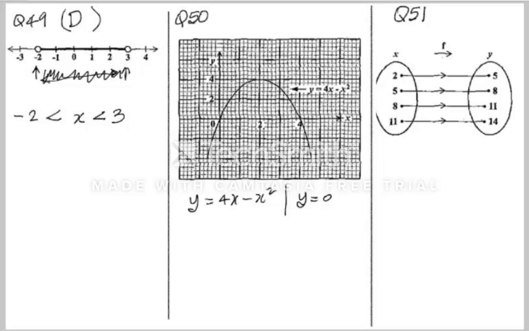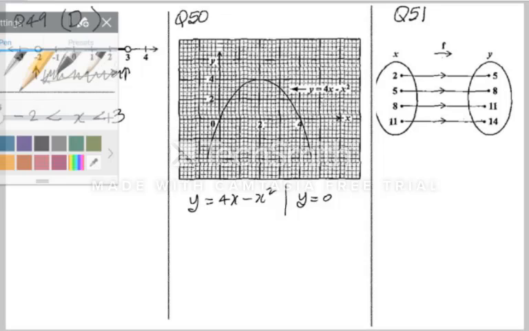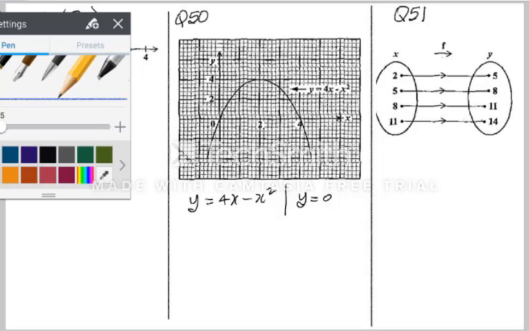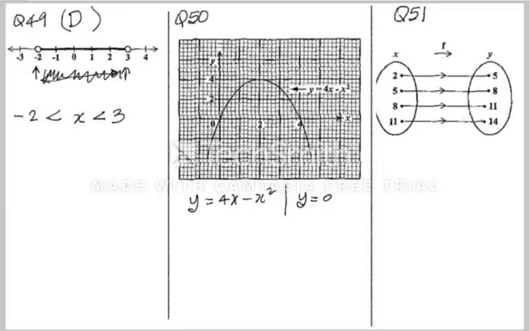Now the line y is equal to 0 is the x-axis. So this is the line. Let's change the color. This is the line y is equal to 0. The line y is equal to 0 is the x-axis.